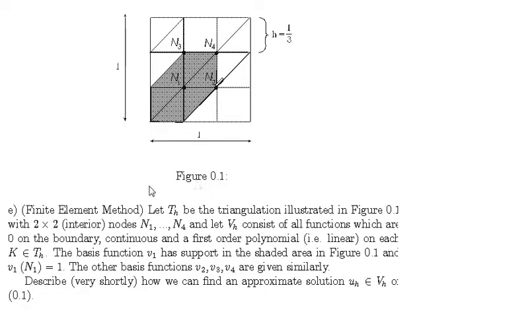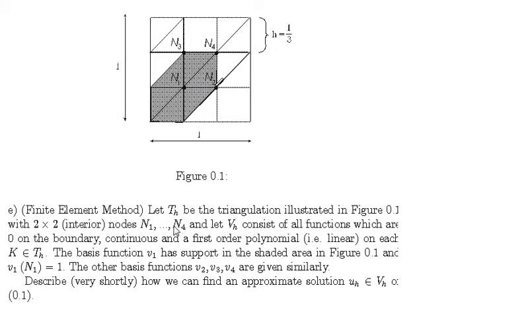Next, in the task E, we are considering a finite element problem. We'll let TH be a triangulation illustrated in this figure. So we see this is a little bit simpler triangulation than the one we considered in the lectures. We have 4 node points, and therefore we only need 4 basis functions.